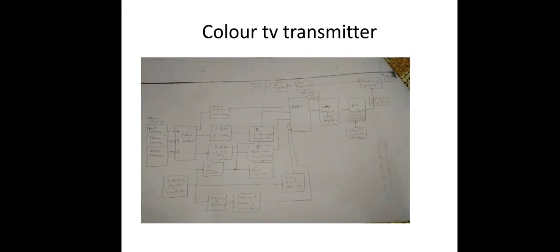There are three outputs of the color subcarrier oscillator. One output is used to synchronize the blanking and synchronizing pulse generators. The second output is used for the color generator and the carrier passes through to the transmission of color.